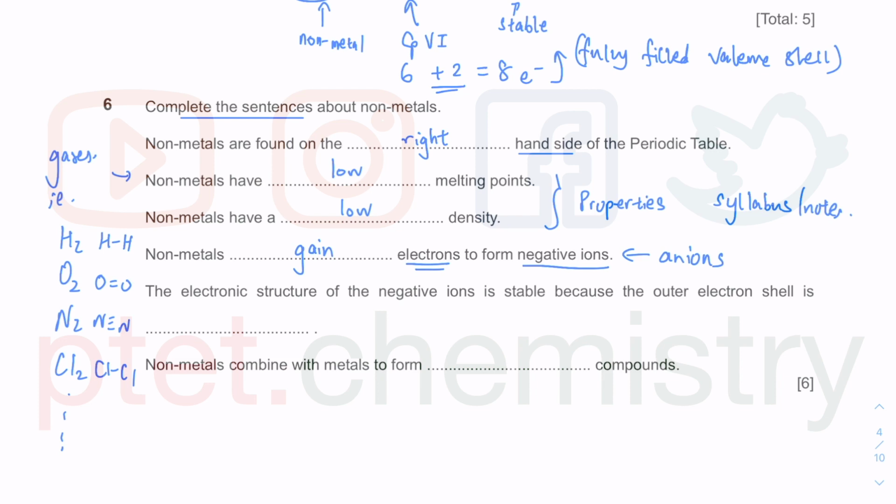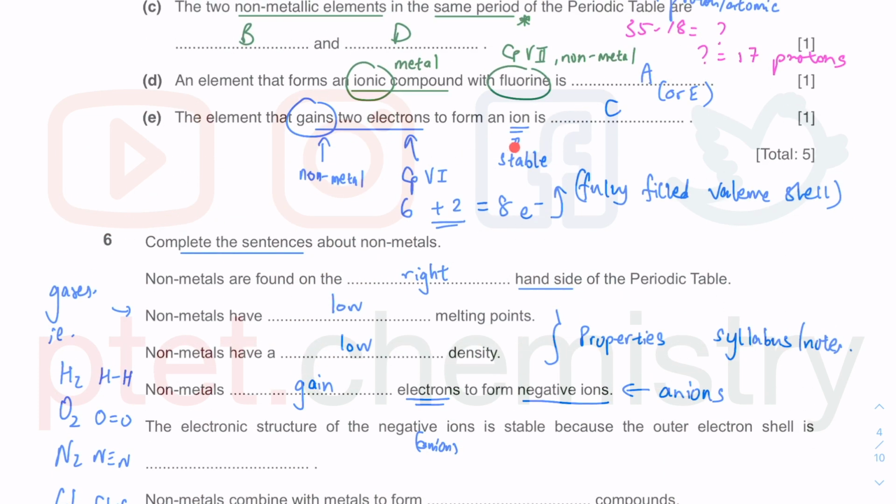And then the electronic structure of the negative ion, the anion, is stable, such as what we said just now. You want to form a stable ion because you want to get to a fully filled valence shell. Valence is the other word equivalent to outermost electron shell. So the valence electron shell will be completely filled, or you can say full, or fully filled.